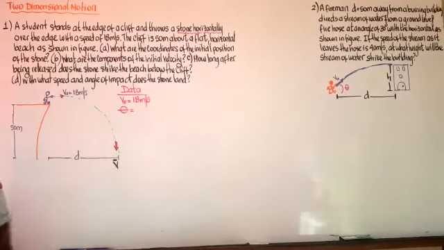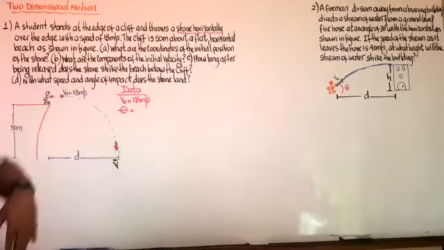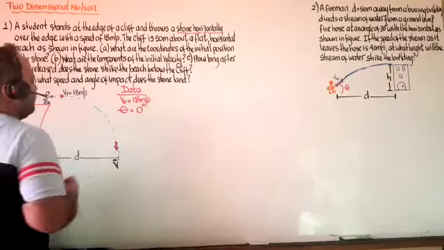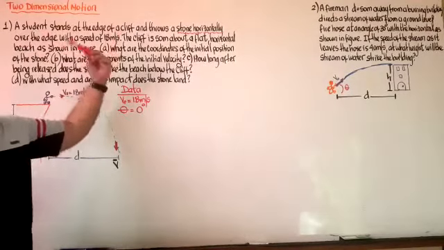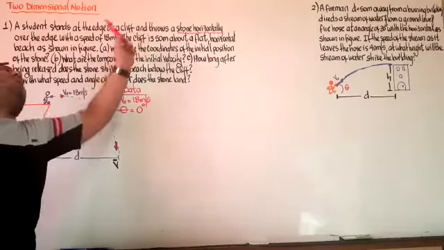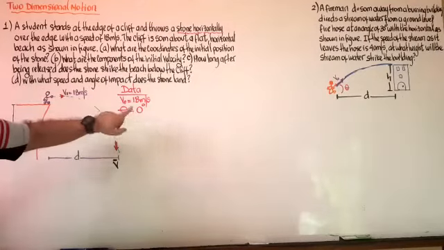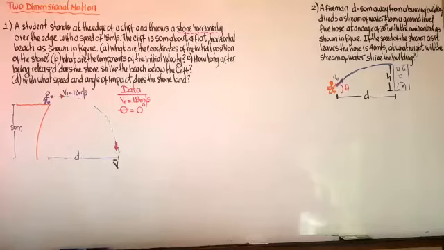If you remember the concepts that we learned last year in the principles of the line, when we calculate the slope or the inclination of a line moving along a horizontal path, that will be 0 degrees because we're talking about a horizontal line. For that reason, the angle of inclination in this situation will be 0 degrees, because this student throws the stone horizontally. That's why this value will be 0.